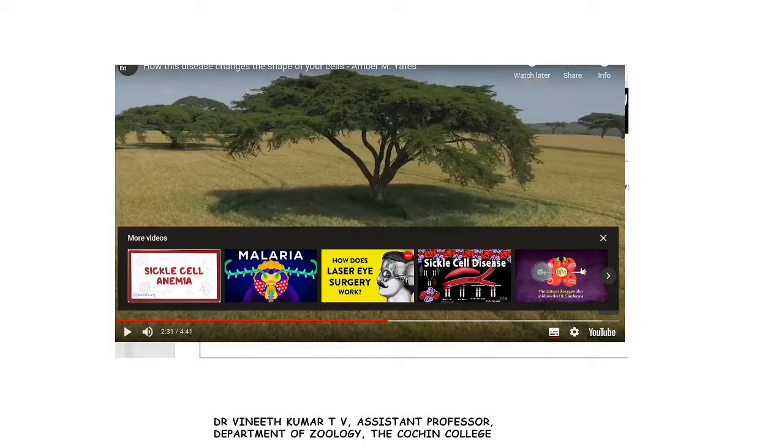So what happens is that this particular mutation causes a change in the shape, and individuals with the sickle shape will not favor the harboring of this malarial parasite. So scientists believe that this might have evolved as a mechanism to tide over the malarial parasite.